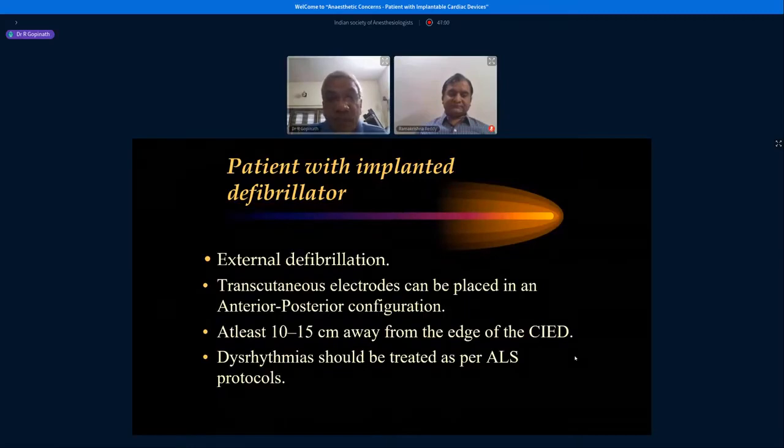Usually they should be kept perpendicular to the device so that they do not interfere with device function, and at least 10 to 15 centimeters away from the edge of the device. The best is to keep it in an AP configuration. Whenever an ICD has been reprogrammed or brought to an asynchronous mode, all dysrhythmias should be treated as we know with the ALS protocols.